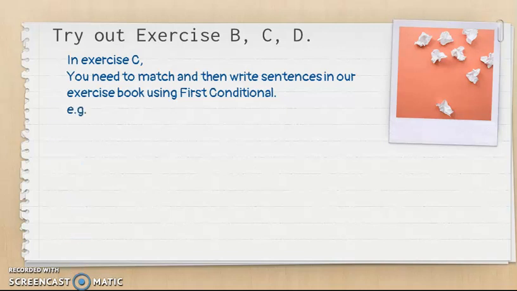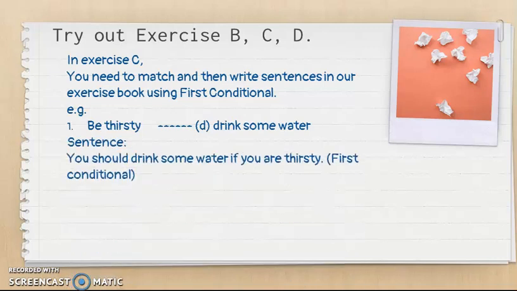For example, matching number 1, be thirsty, is matched to drink some water. So you need to make a sentence in your exercise book. You should drink some water if you are thirsty. This type of sentence, we call it first conditional. You should drink some water is a present tense. If you are thirsty, are is a present tense.